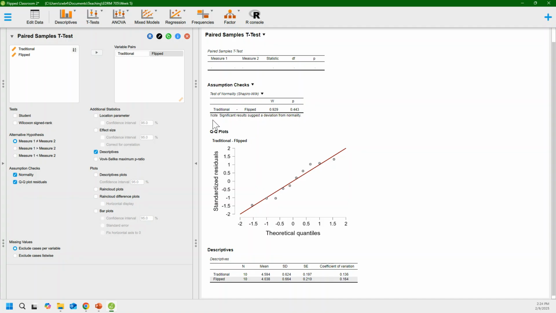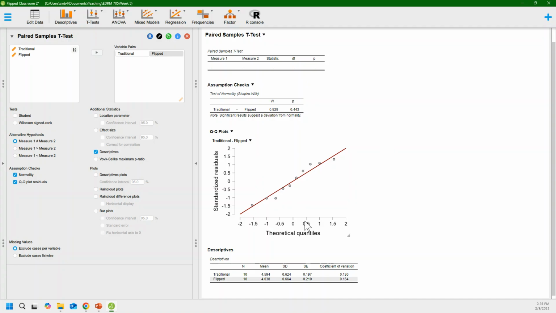There's a note once again to remind you: significant results suggest a deviation from normality. From both the Shapiro-Wilk test of normality and our QQ plot, I have evidence that these data are from a normal distribution, so I can move forward in conducting a hypothesis test.